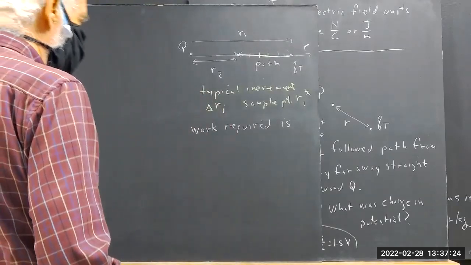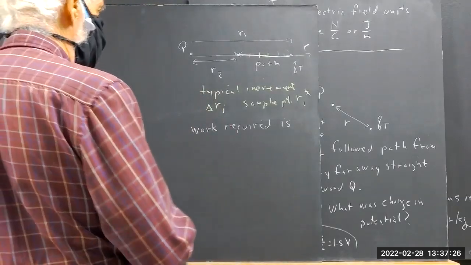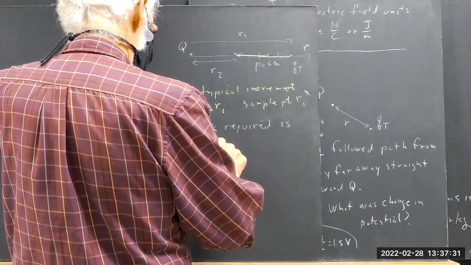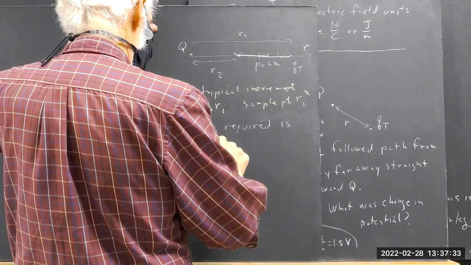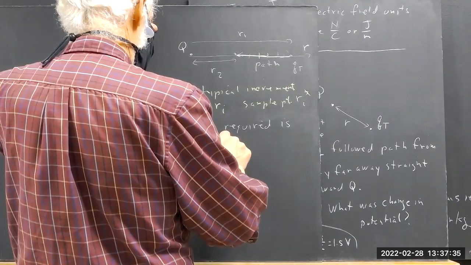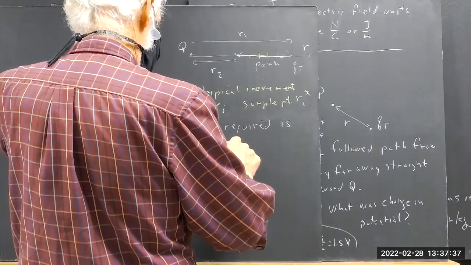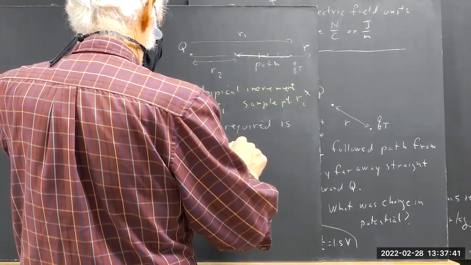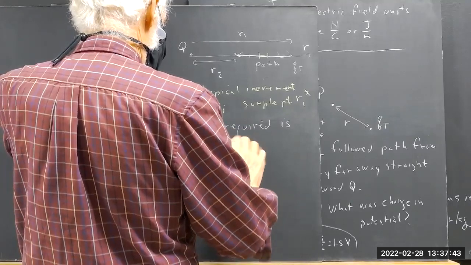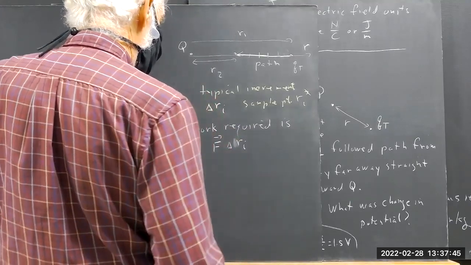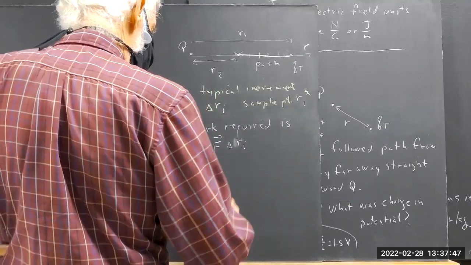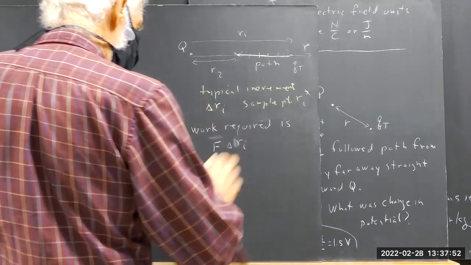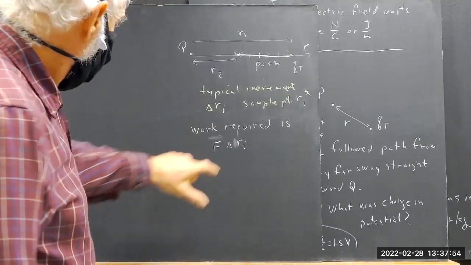I'm going to be a little more rigorous here. I'm going to say the work required is F delta Ri. And we'll just write it. I'll be a little careless. Okay.